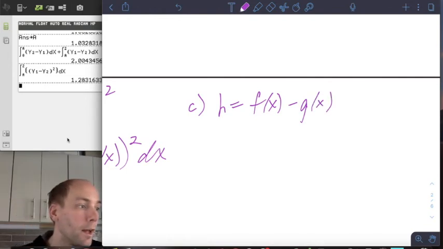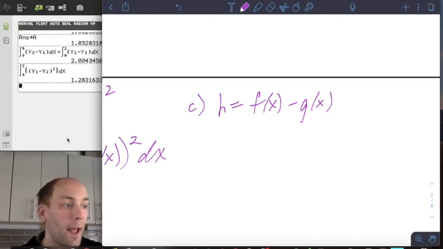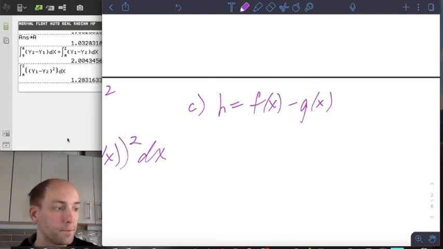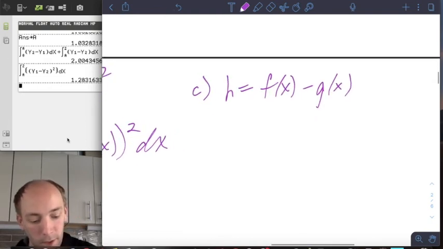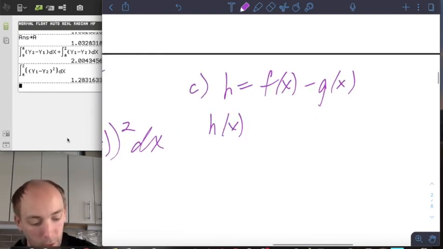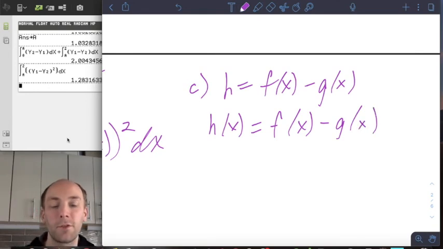And I want to find the rate at which h changes with respect to x when x is 1.8. What is the rate of change of that with respect to x at x equals 1.8?